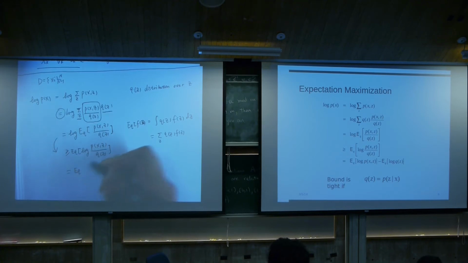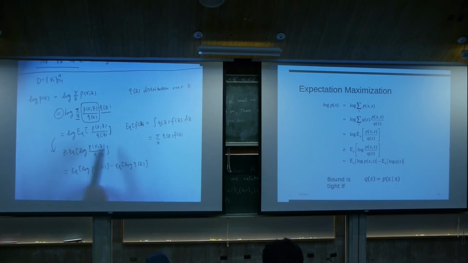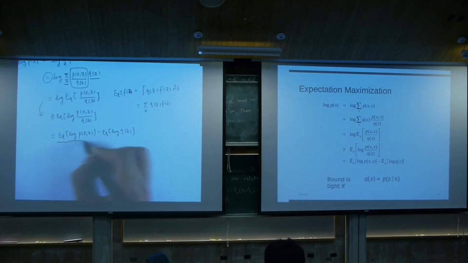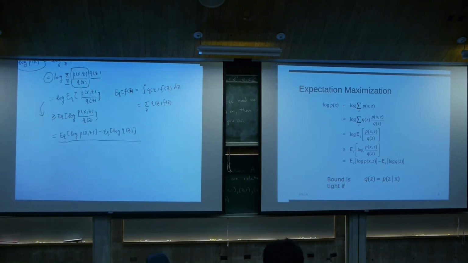Now we can use the log function to factorize this ratio. So it will become the expectation over q of log p(x,z) minus the expectation of log q(z), using the property of the log function. Here is a ratio, so there is a subtraction here. And this guy now becomes a lower bound of the original log likelihood.